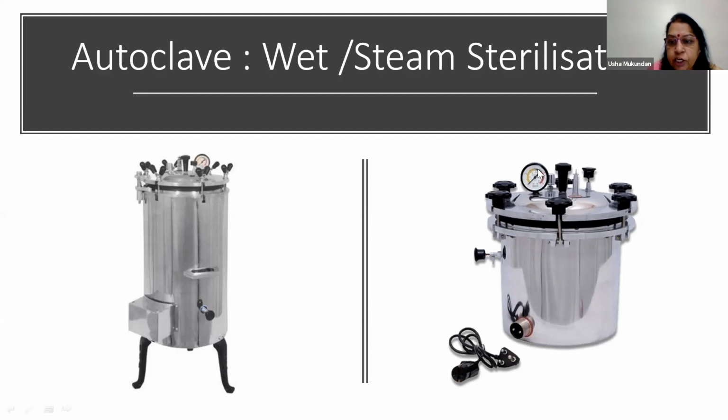And you can see there's a pressure gauge on which you can see the pressure. When it reaches 15, then you allow it to run for another 15 to 20 minutes to get complete sterilization. Then you have to cool down properly, because if you try to open it, it will not open because of the steam which is trapped inside.